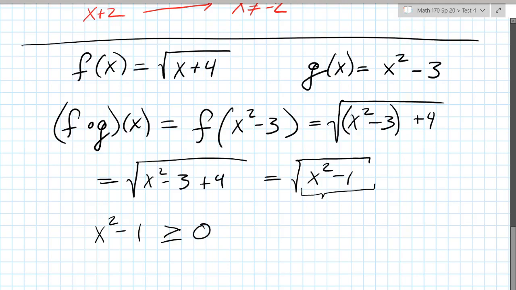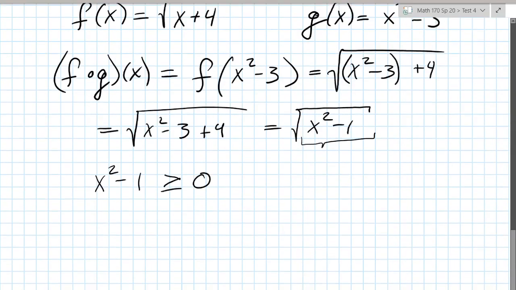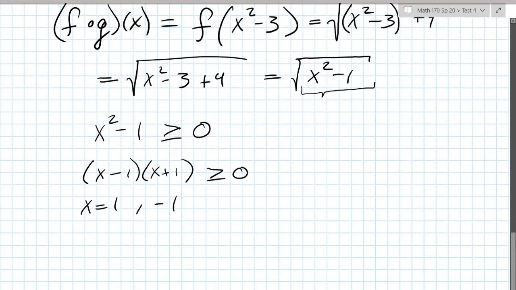We worked some of these types of problems in the last chapter, and the way we did it was we factored and found the values of x that cause this to equal 0, positive 1 or negative 1 in this case, and then we thought about a number line for this problem.